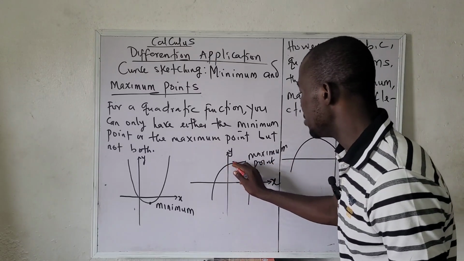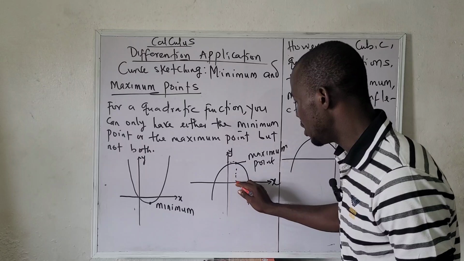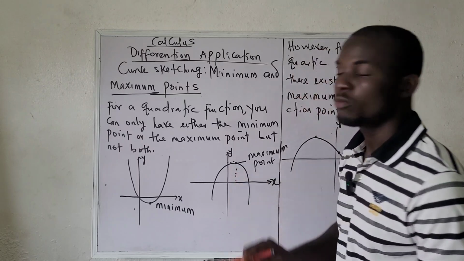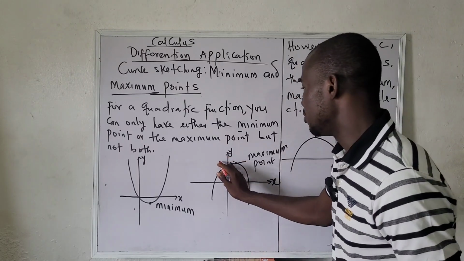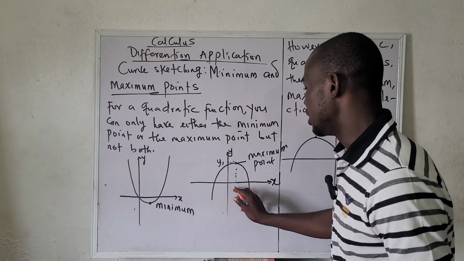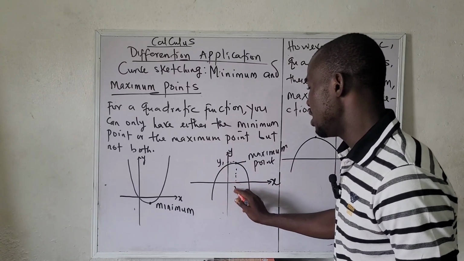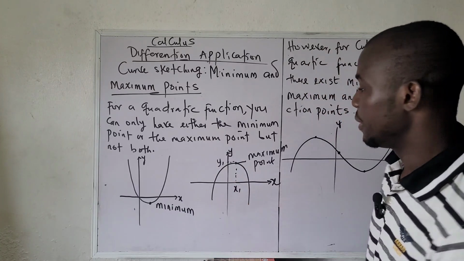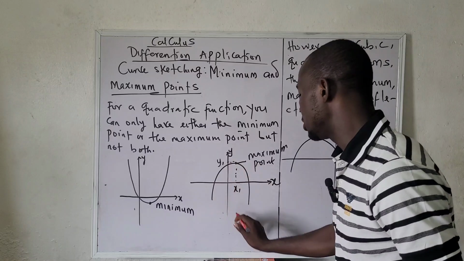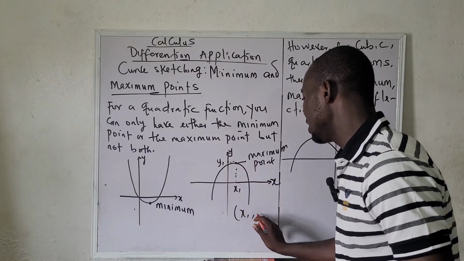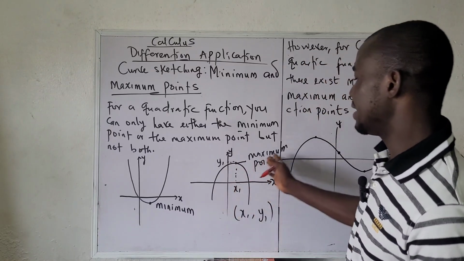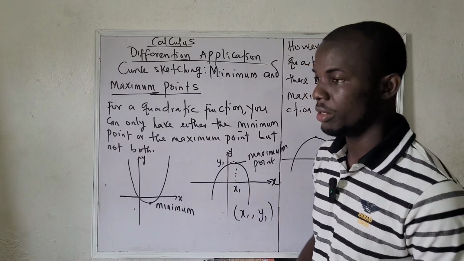So the y value will be along this place, while the x value will be somewhere here. We can call the y value y1 and the x value x1, as the case may be. So the combination of these points is what we call the maximum point, and the same thing for the minimum point.